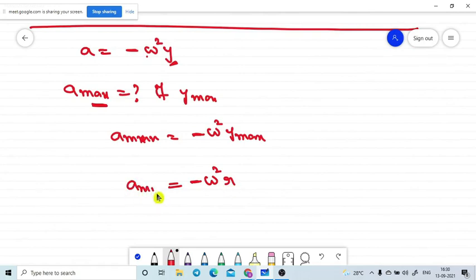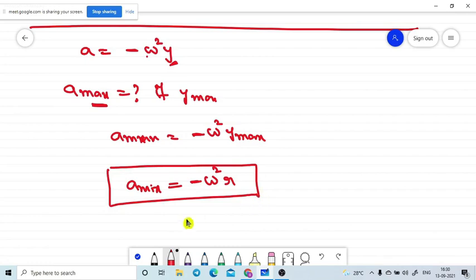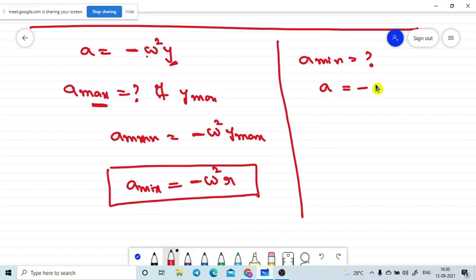The maximum acceleration of the particle is equal to minus omega square r only. What is the minimum value? How can you find a minimum? From the formula a is equal to minus omega square y, where will it be minimum? If y is equal to y minimum, that is equal to 0, then a will become minimum.